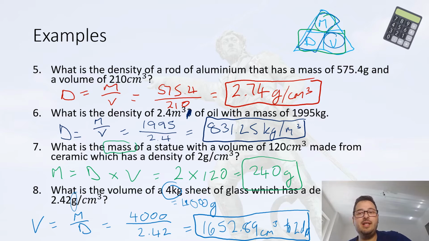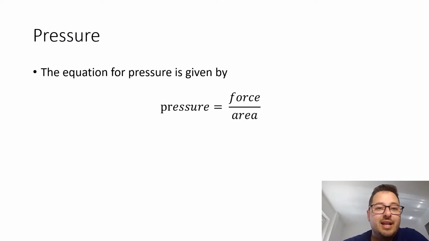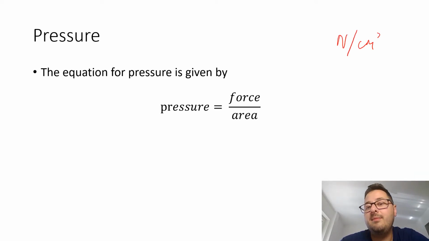Alright then, so that is density. And now we're going to look at the final topic, which is pressure, but again it's a very similar idea. So the equation for pressure is given by pressure equals force over area. Okay, so force is always in newtons, so it might look like newtons over centimetres squared or newtons over metres squared, something like that.